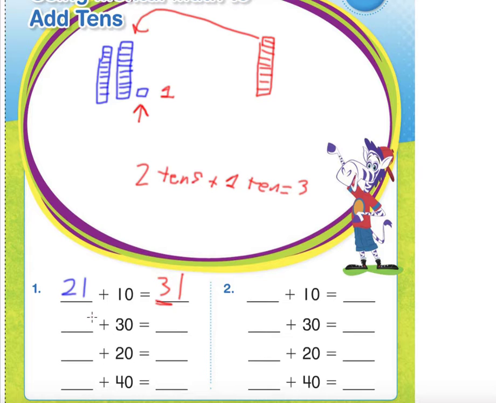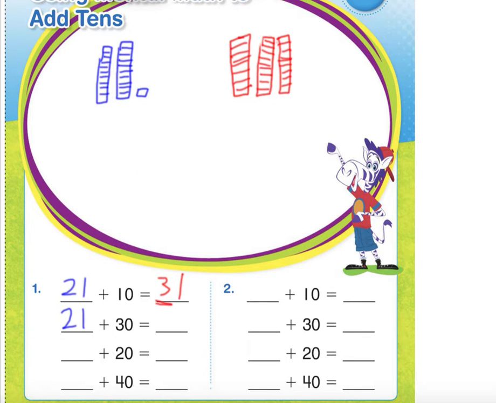We're going to try again, but instead of just having 1 ten to work with, we're going to have 3 tens to work with. Okay? So now for this next one, make sure you have that 21 written down, because our number sentence now is going to be 21 plus 30.